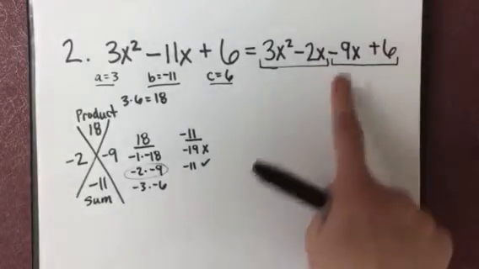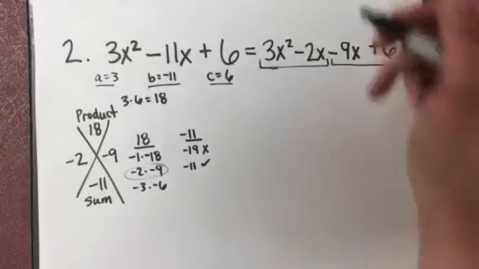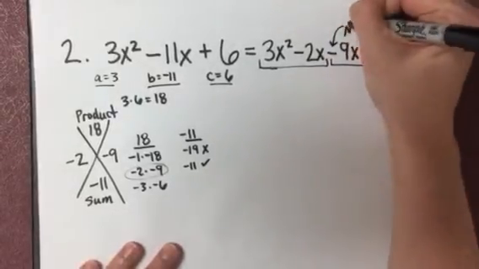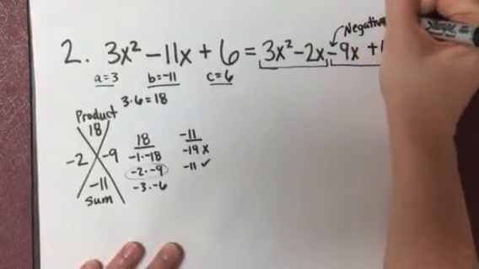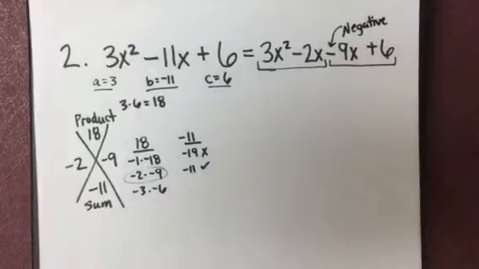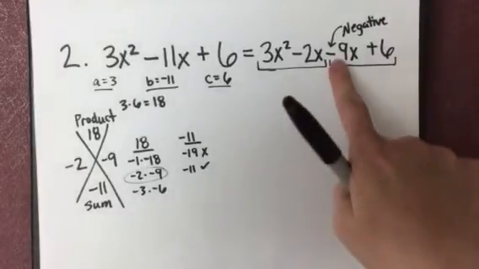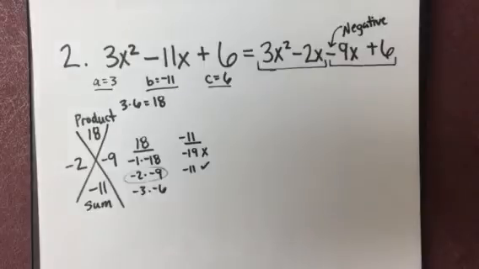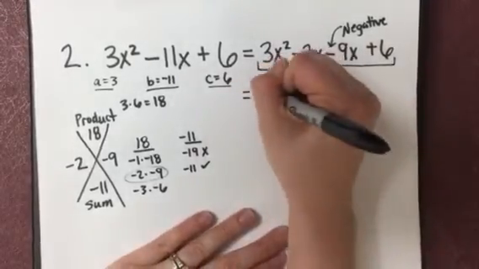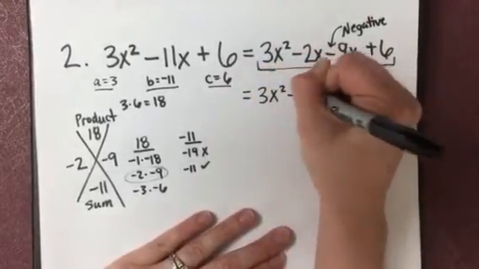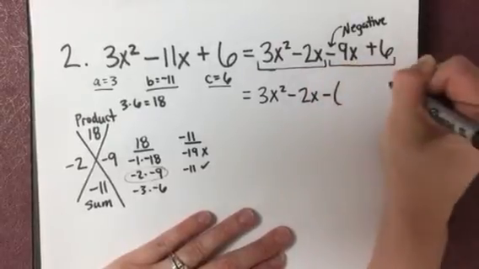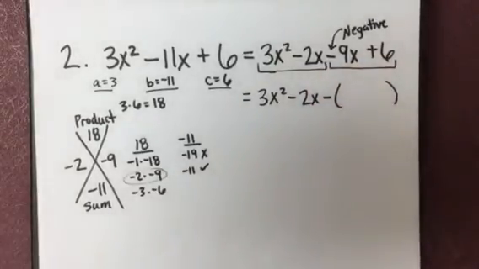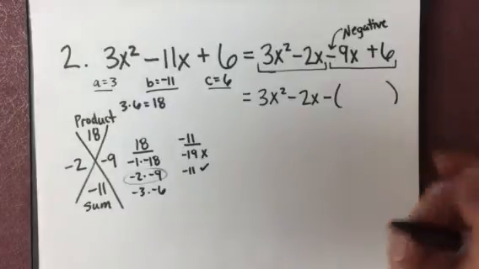Notice that the second group has a negative as the first term. You should have learned in the factor by grouping lesson that if the first term of a group is negative, you must factor that out. Let's do that first. Factoring out a negative from that second group will make all these signs become opposite of the original problem.